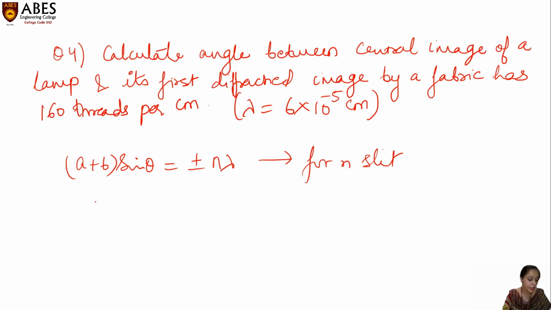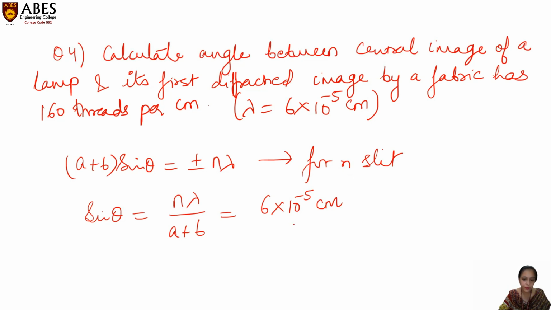Now we have to find the angle. Angle means we have to find simply sin θ. That will be given by nλ/(a + b). So n here we are taking as 1 because it's the first diffracted image. The λ will be 6 × 10^-5 centimeters. a + b is basically the grating element, which is given by 1/N in centimeters, given as 160 threads per centimeter.